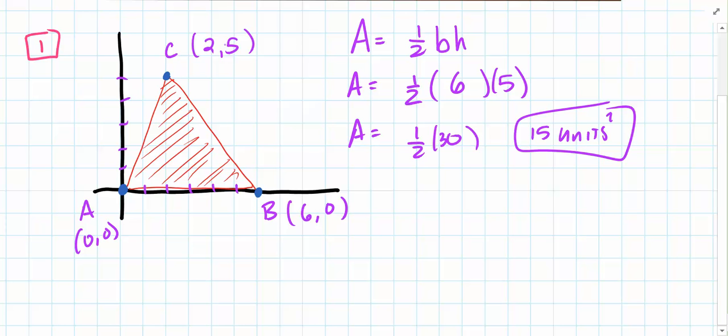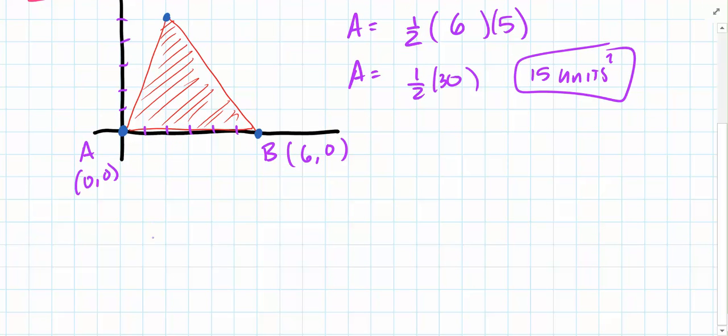Okay. So, check this out, everybody. I have these coordinates: 0, 0; 6, 0; and 2, 5. I'm going to make a matrix. But since I have 3 vertices of that triangle, there has to be another column here to make a square matrix.